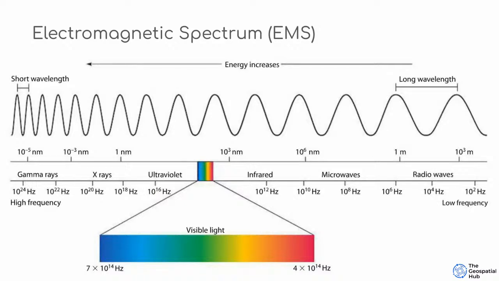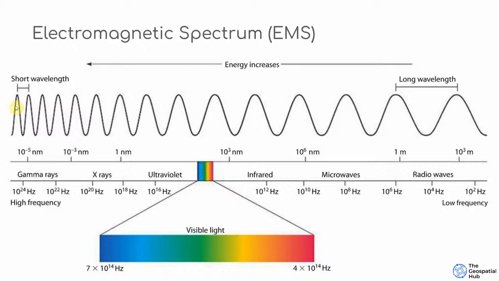So let's talk a little bit about the electromagnetic spectrum. The electromagnetic spectrum includes wavelengths of electromagnetic radiation ranging from shorter wavelengths to longer wavelengths.